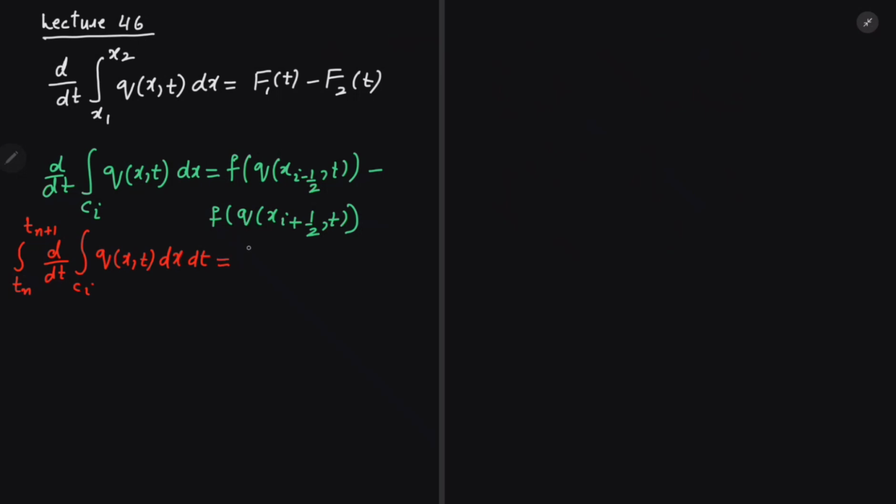So the right hand side becomes the integral from tn to tn+1 of the flux q at x_{i-1/2}, t dt minus the integral from tn to tn+1 of the flux q at x_{i+1/2}, t dt.